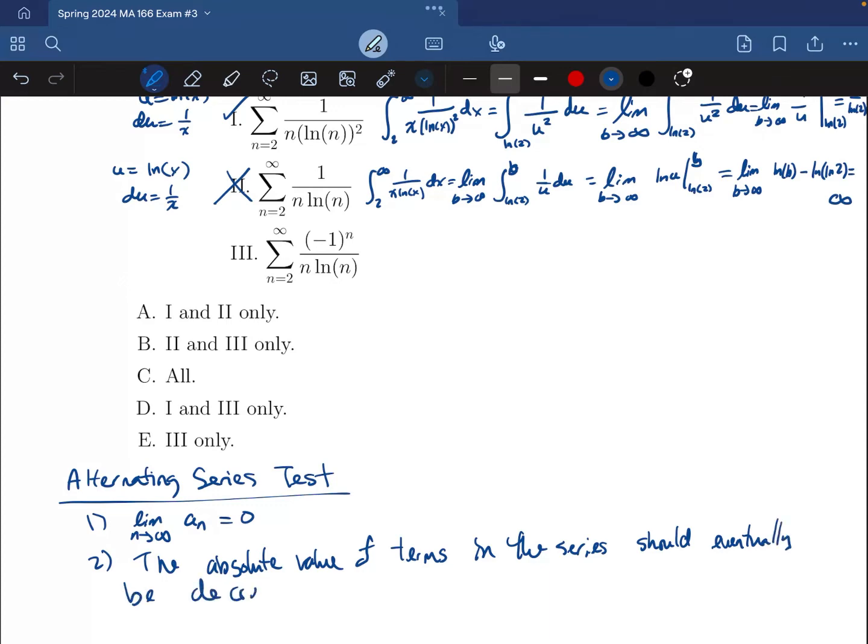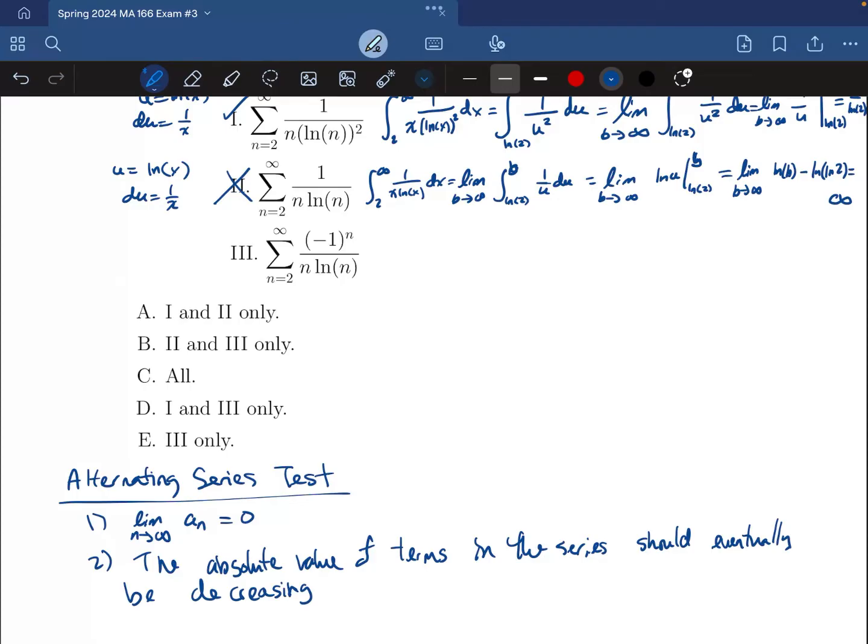What they mean by eventually decreasing is it's okay if a finite number of terms at the start of the series are increasing. Like you can have 1, 2, 3 as part of the start of your series, but eventually all terms in this series should be smaller than the last.